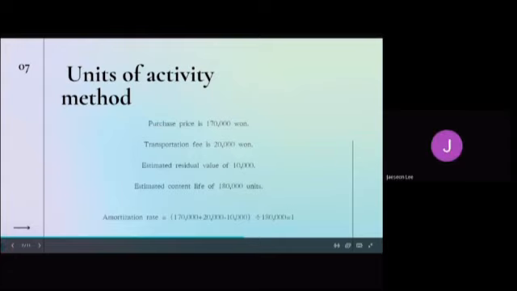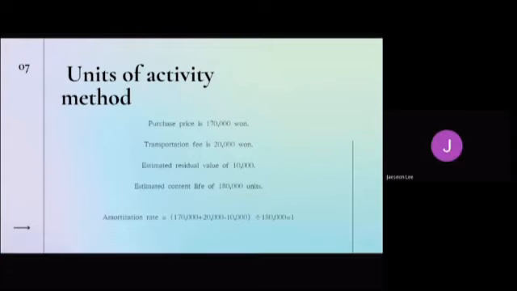The unit of activity method is a method of calculating depreciation cost at a ratio based on the expected operating charge, estimated per production, in consideration of the degree of use.